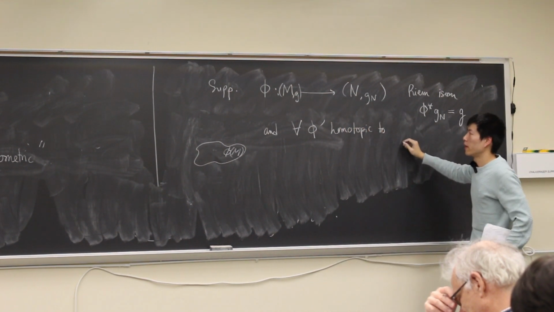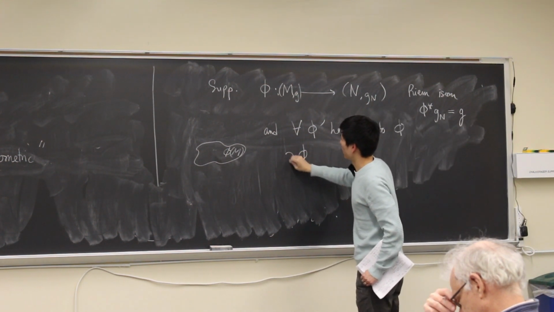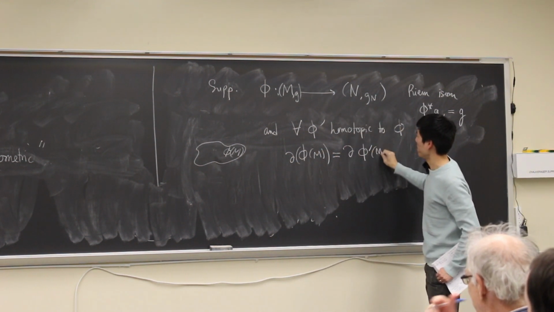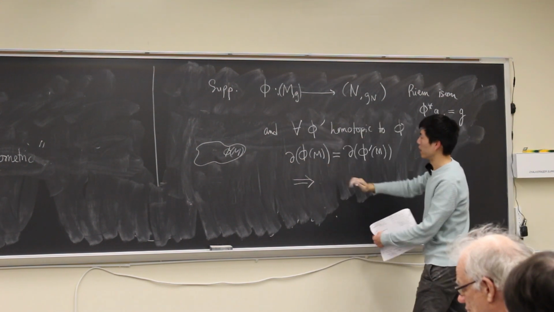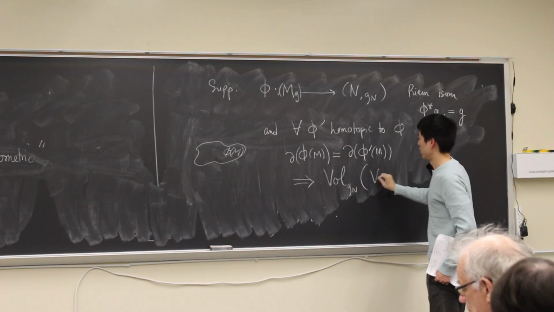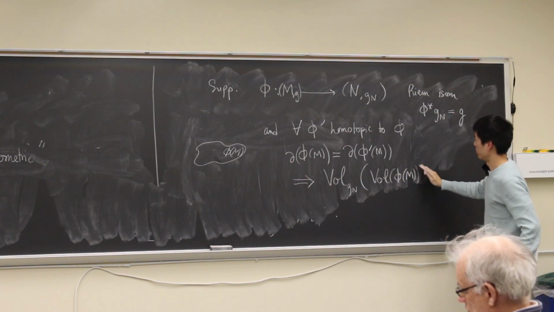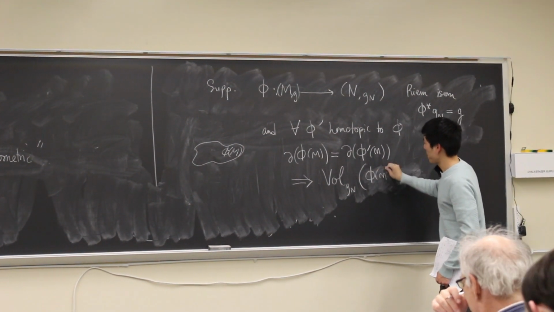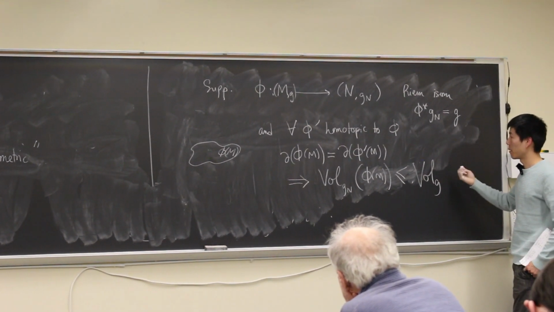And let's assume that for any map phi prime homotopic to phi, such that the boundary of phi M is equal to the boundary of phi prime M, this implies that the volume of phi M is less or equal than the volume of the image of M by phi prime.